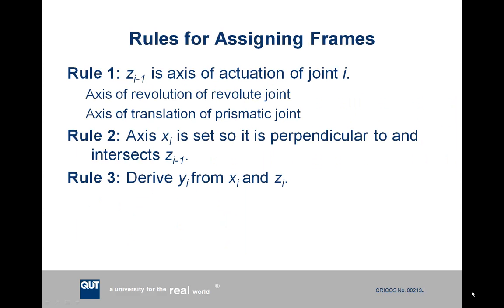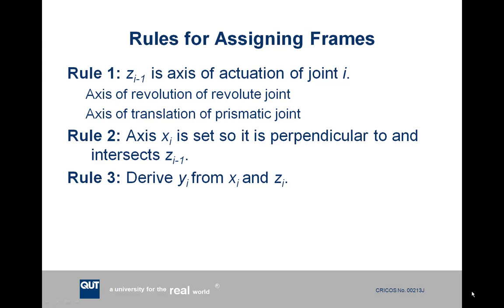So I said before, there is a cost, of course, to using this simpler system where we've only got 4 parameters instead of the usual 6. And this is that we have to follow a certain set of rules when we assign reference frames to each of our links.